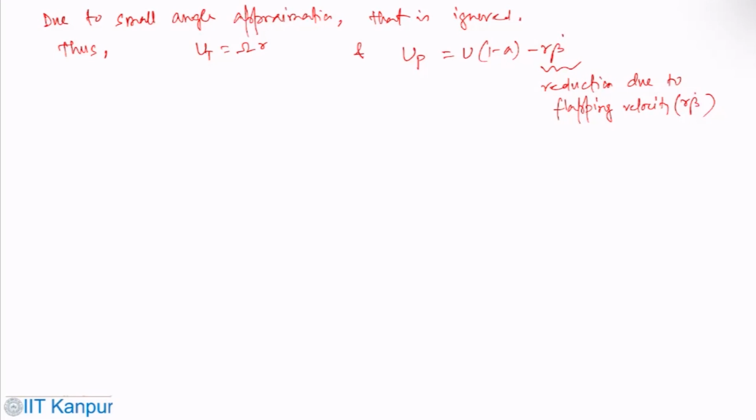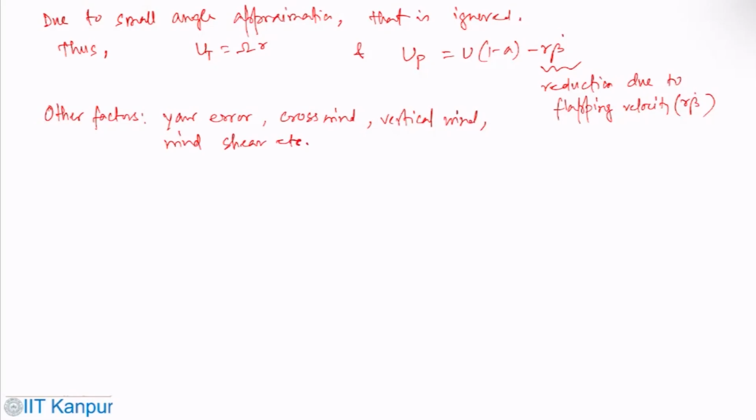So there are other factors such as yaw error, crosswind, vertical wind, wind shear, etc. That will also affect the wind actually experienced by the blade.